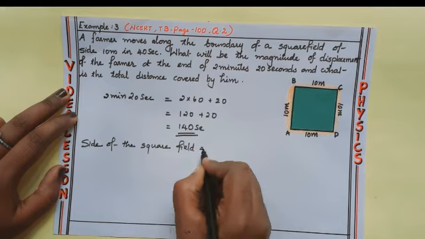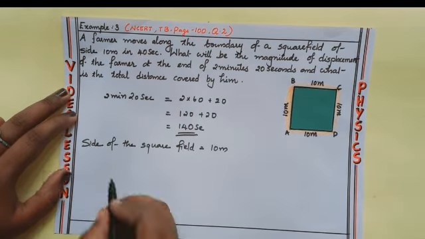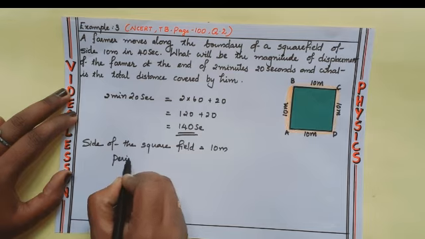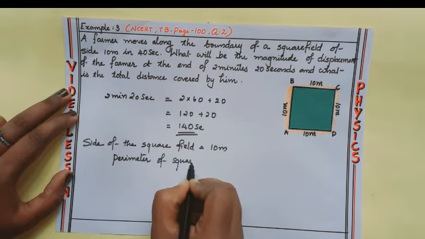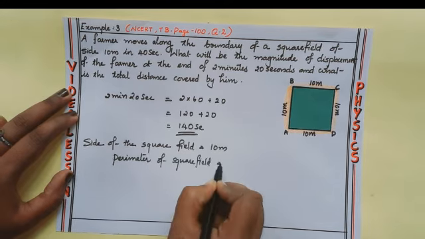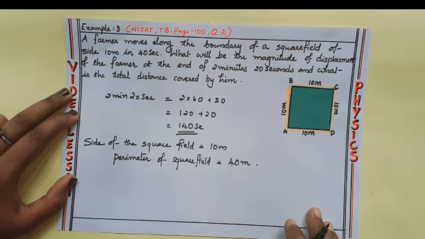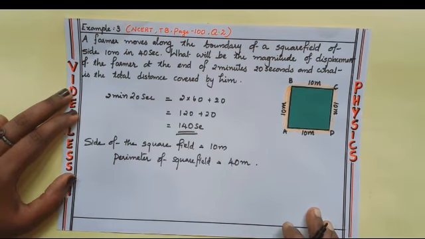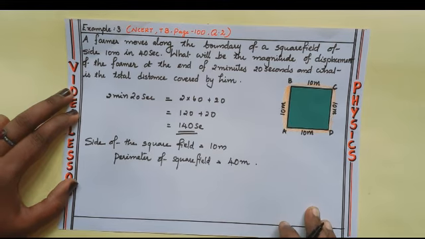So we can take the perimeter of the square field. What is that? Yes, 40 meter. And then in 40 seconds, how much distance is covered by the farmer?